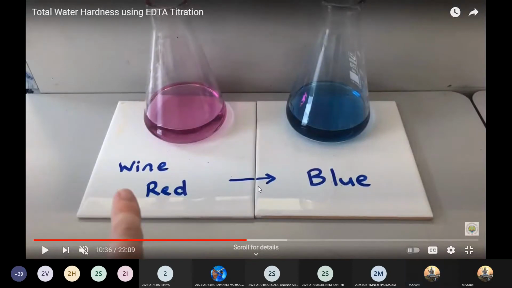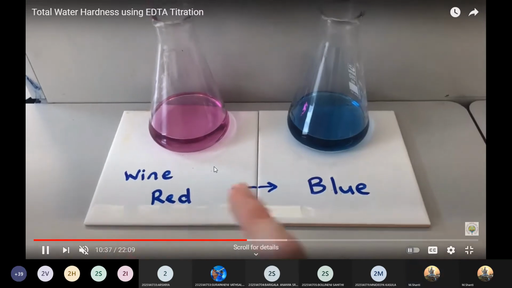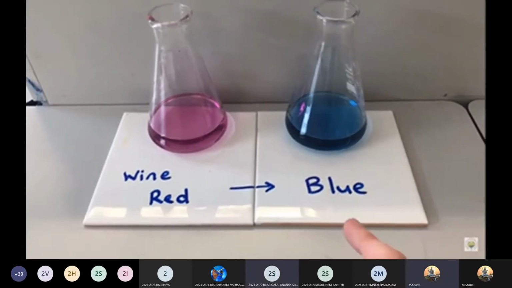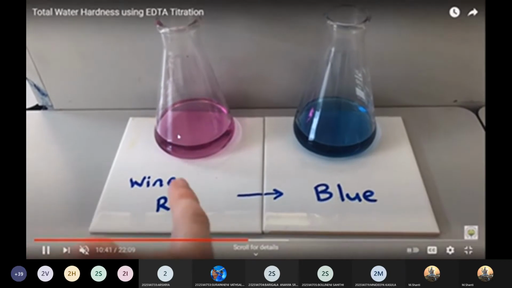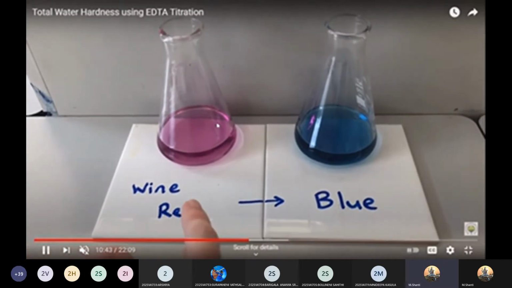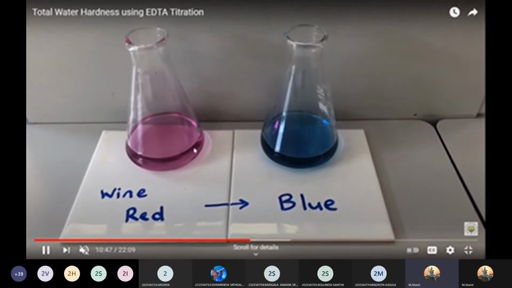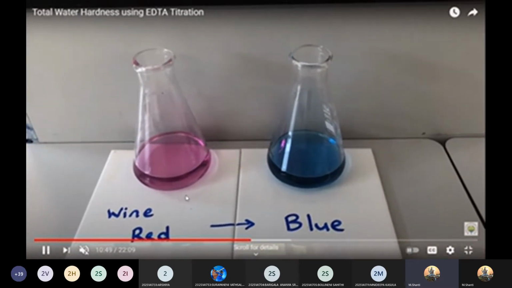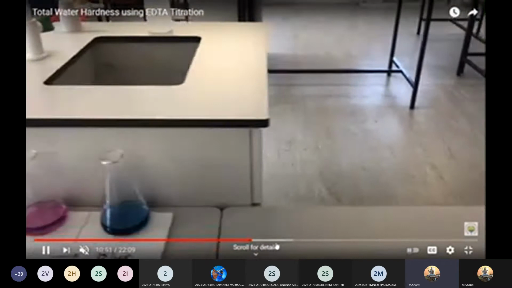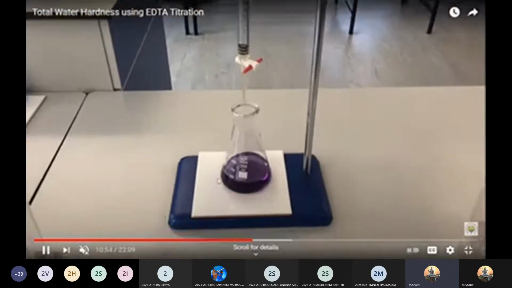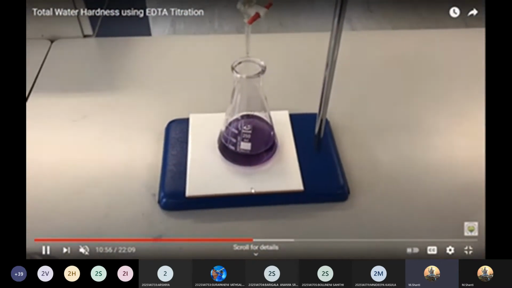How clearly the color is shown, right? A little variation will be there in the color of the solution before the titration and after the titration because it all depends upon the quantity of indicator you have taken. We'll just see what color you get at the end point. Here this is nothing but the wine red.